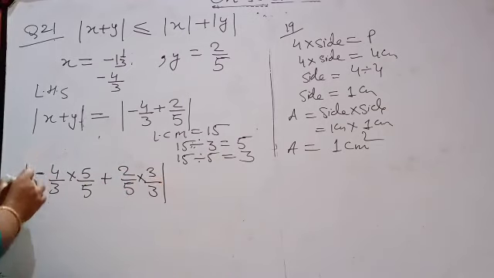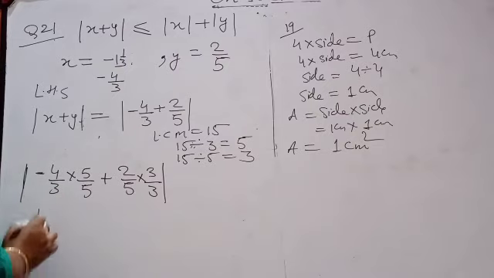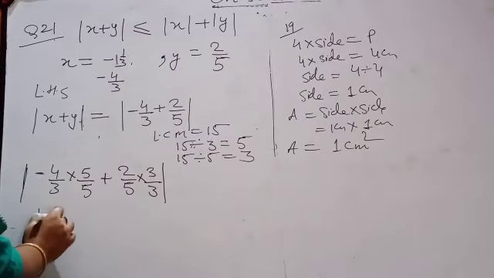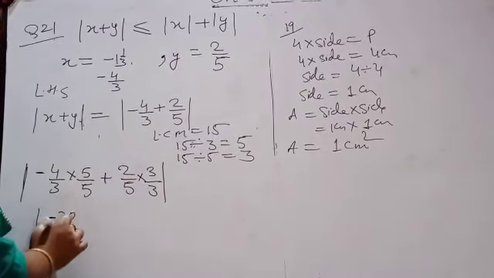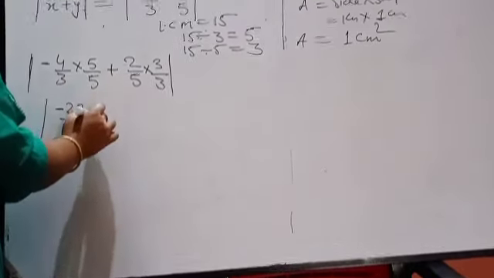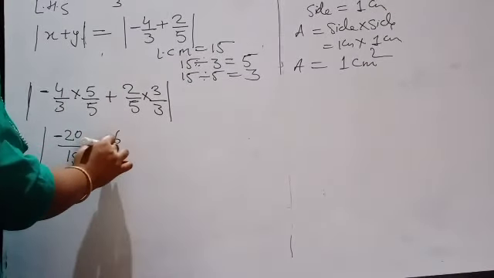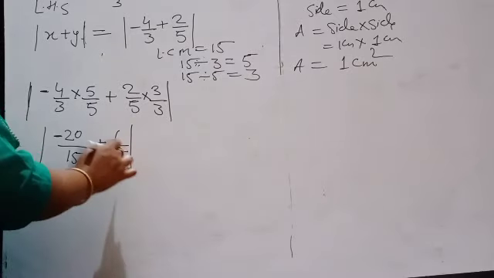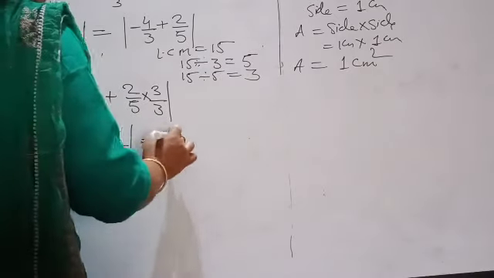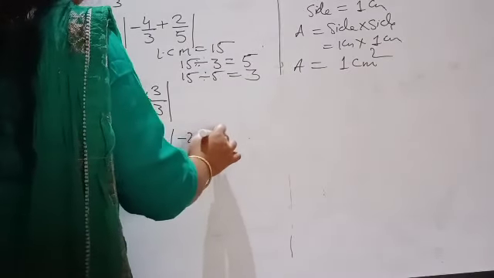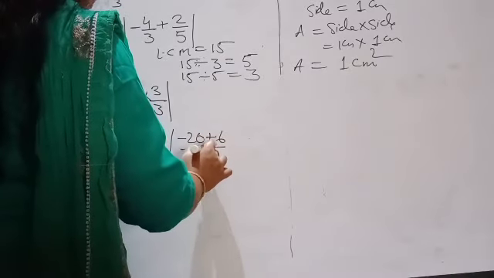Do all the procedure inside the mod only. 4 fives are 20, minus 20 upon 15, plus 2 threes are 6 upon 15. So you will get minus 20 plus 6 upon 15.